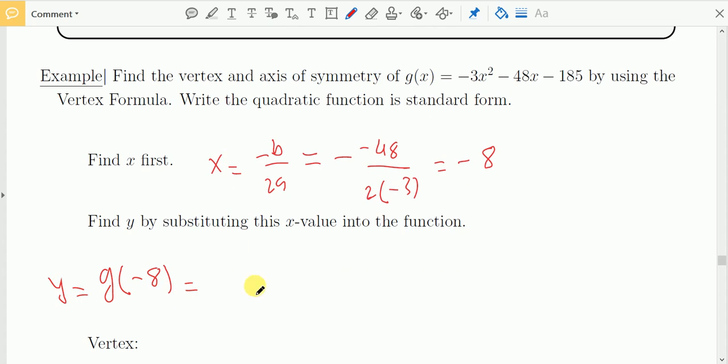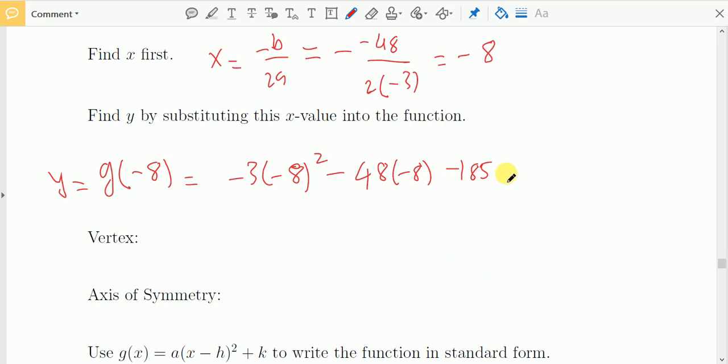So y is minus 3 times minus 8 squared, minus 48 times minus 8, minus 185, and that gives me 7. So x is minus 8, y is 7. The vertex is minus 8, 7. The axis of symmetry is x equal minus 8.